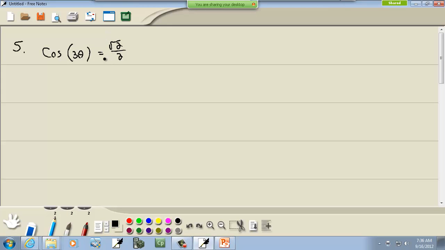And, well, the trig function is by itself, so what we're doing is we're looking up where cosine is equal to the square root of 2 over 2. And I'll do it in a vertical format here. Usually I do it horizontally, go across, but let's try this.